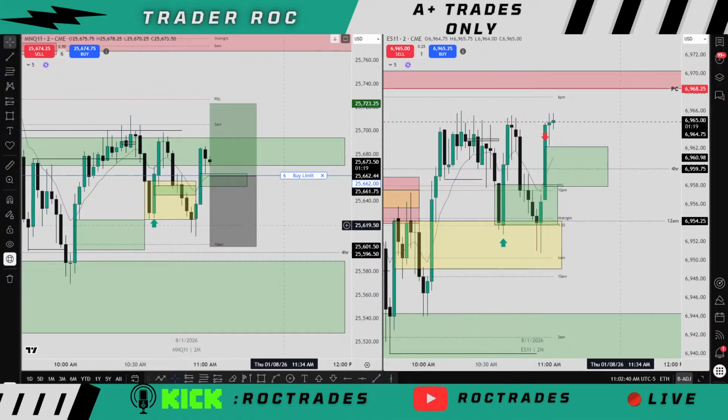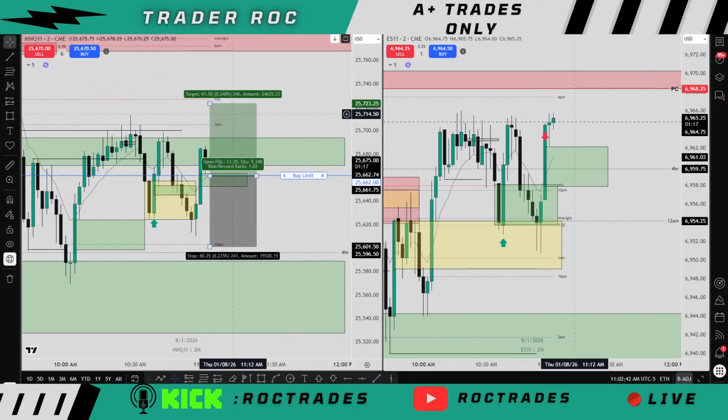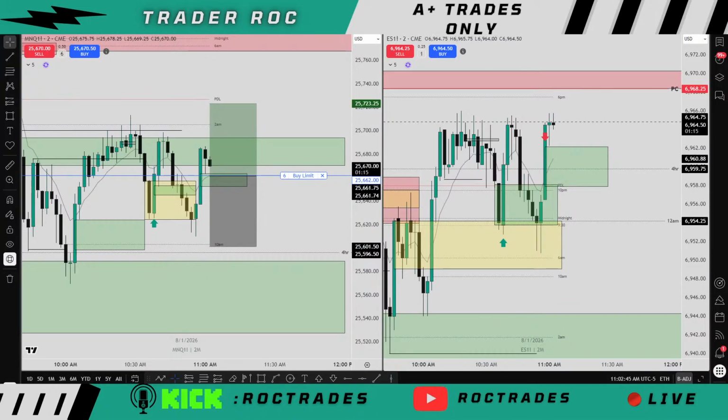We're just looking for a drive back down and a quick move higher. And it was 4, right? 4 contracts. 5, 6, 6. See if we get filled here.